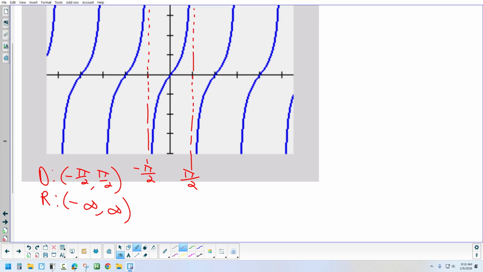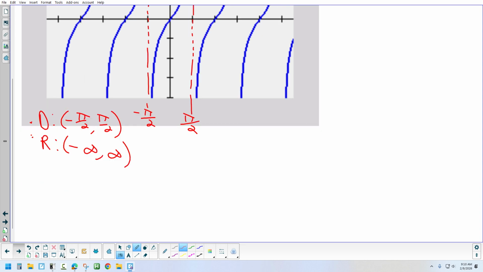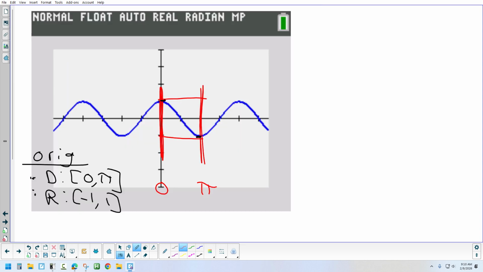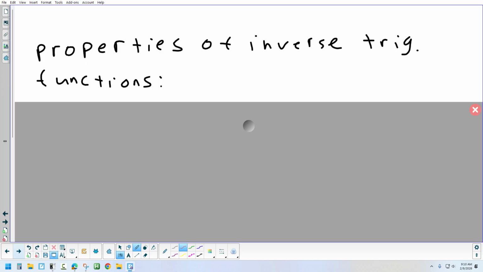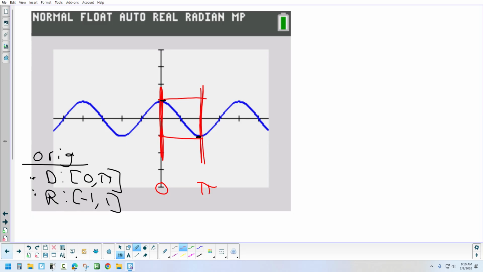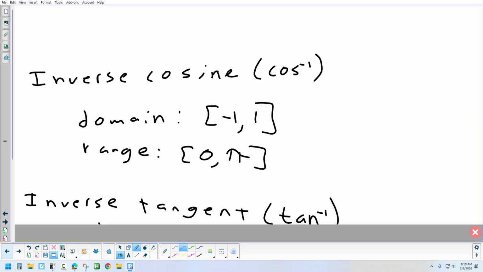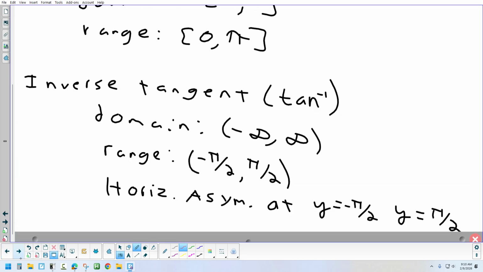Same thing's going to happen when we do the inverse. Domain and range are going to switch, and the vertical asymptotes become horizontal. Okay, so this is for the original trig function. This is for the inverse.